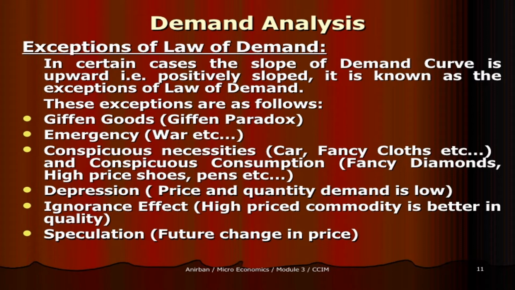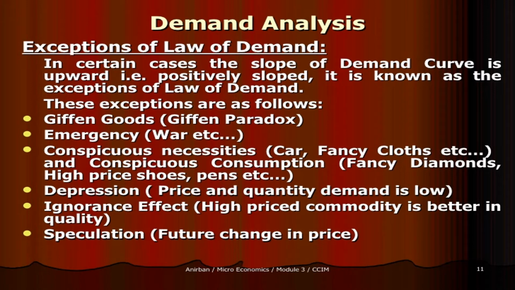In earlier Ireland, it was observed that the poor population consumed two goods. One is meat, which is costly, and bread, which is cheaper.